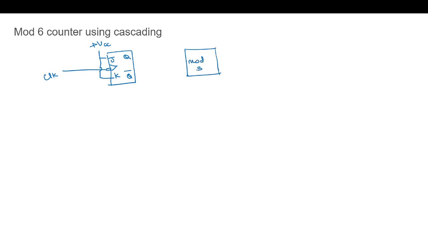Okay, next we will cascade the mod 2; we have two options, either we can have it at the output or at the input. Now let's cascade at the input. And these flip-flops are operating with the toggle state. This is the clock input.